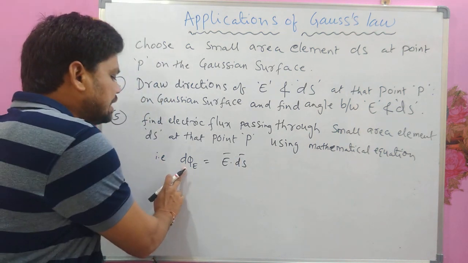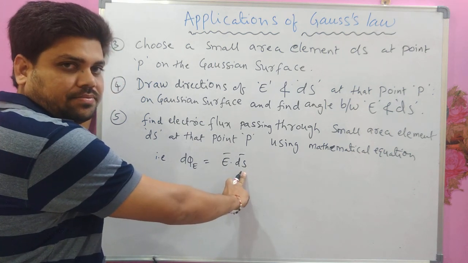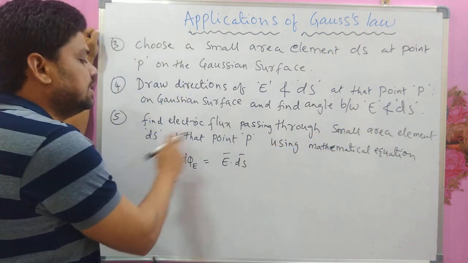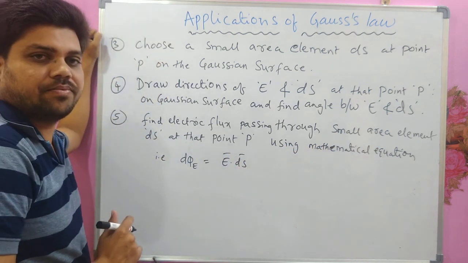This is the electric flux passing through the small area element ds. Find the electric flux passing through the small area element ds at that point P using this mathematical equation.